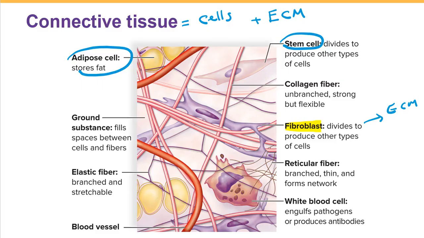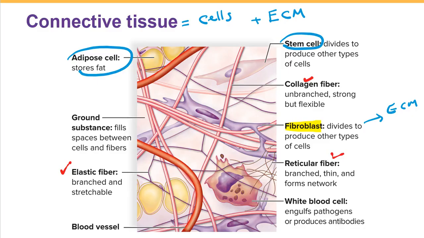We can also find fibers like collagen fiber, which is a flexible and strong type of fiber. We have reticular fibers, which are thin and highly branched collagen fibers. And then we have elastic fibers, which are also branched and stretchable, which means they can be stretched and then recoiled.